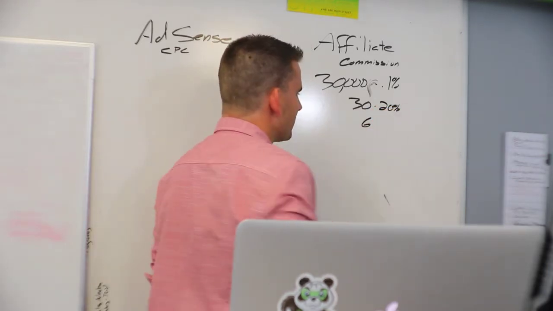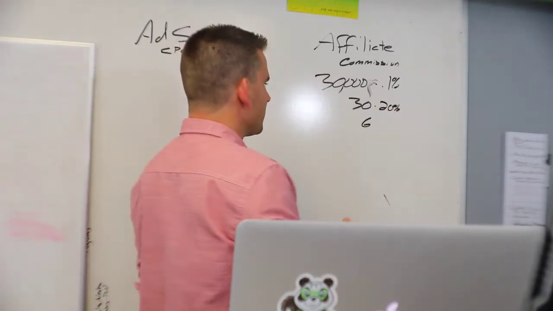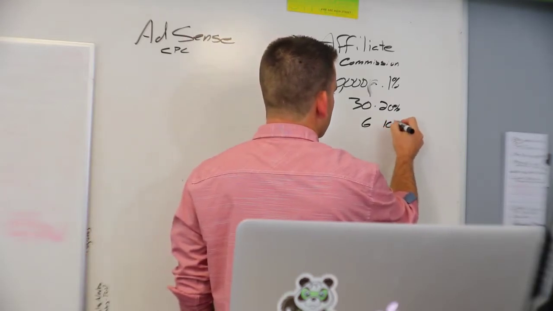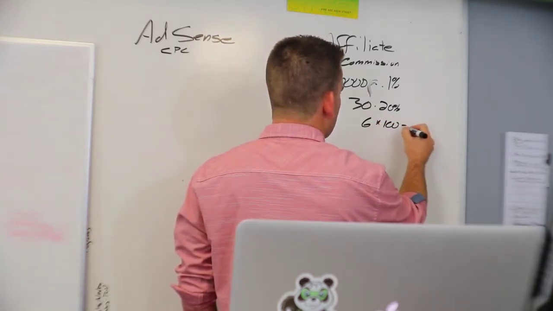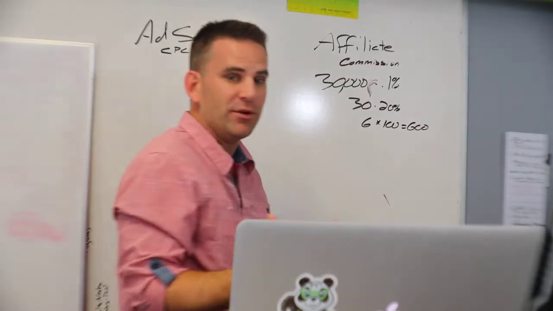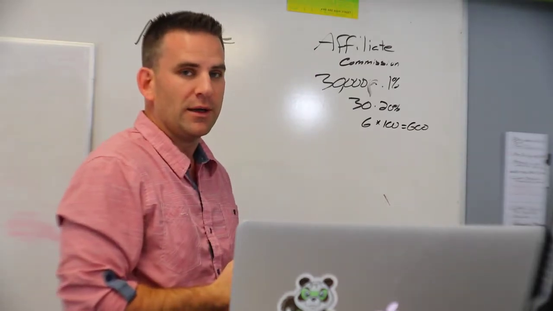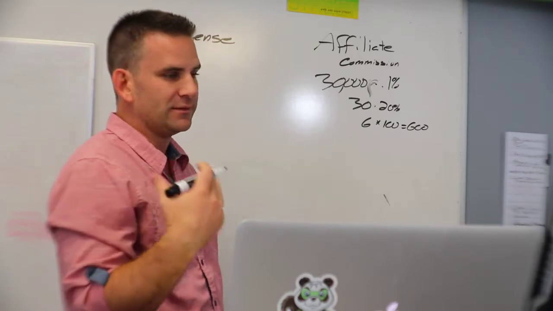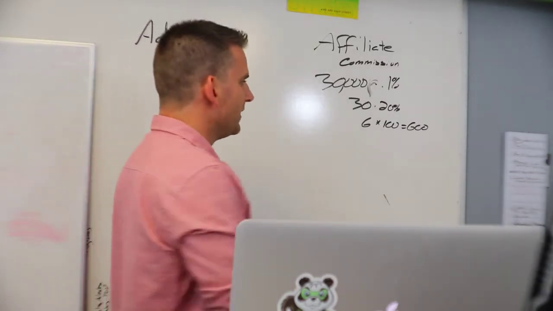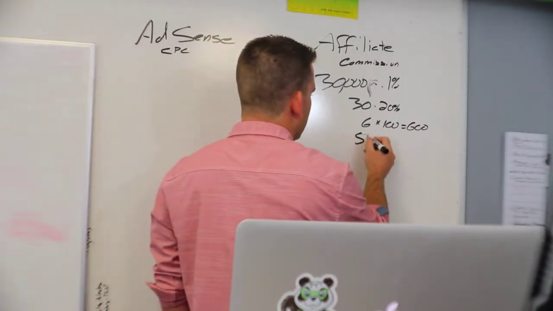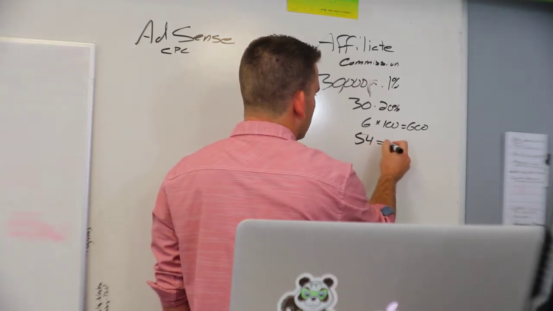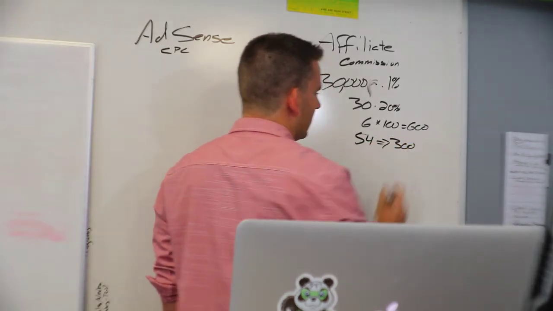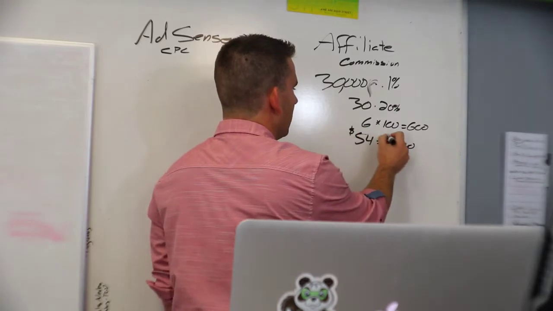So you've got 6 purchases. If the average purchase was, let's say, $100, now you've got $600 in revenue that you've generated for this service, and you're going to get somewhere between 9 and 50%. So on the low end, you're going to be getting $54. On the high end, you might make $300 a month.